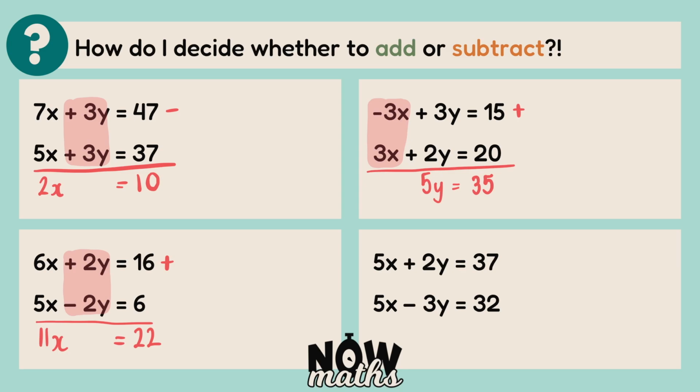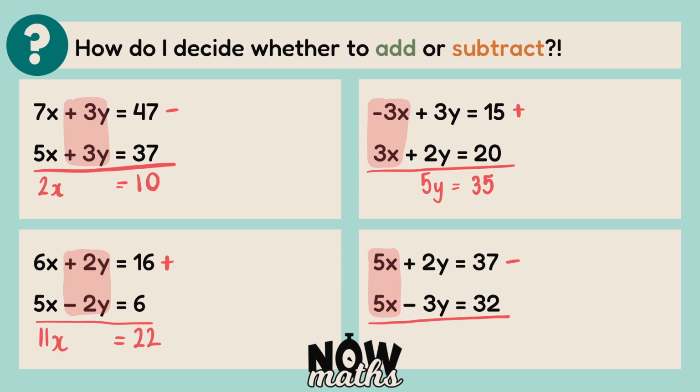And for our final pair of equations on screen, we have our common terms of 5x, both of which are positive this time, which means that we have to subtract the equations to eliminate this term. So just checking, 5x subtract 5x is 0, which we don't write. Then we have 2y subtract negative 3y.